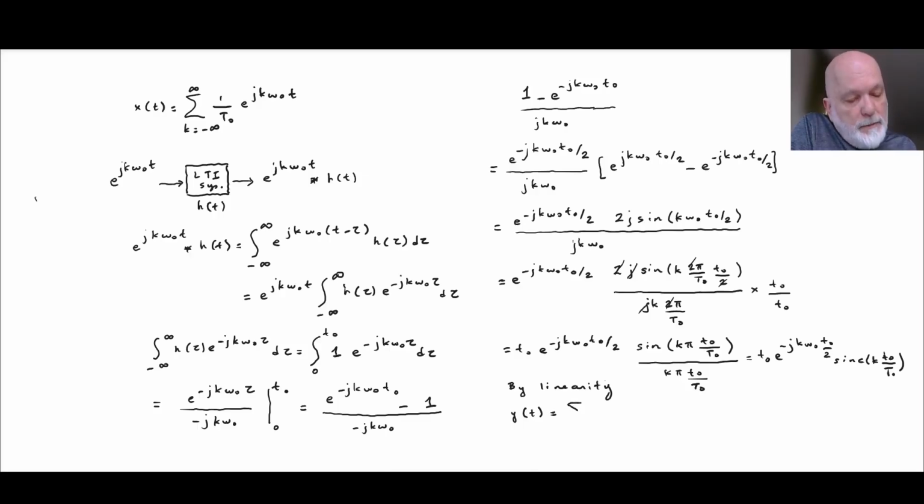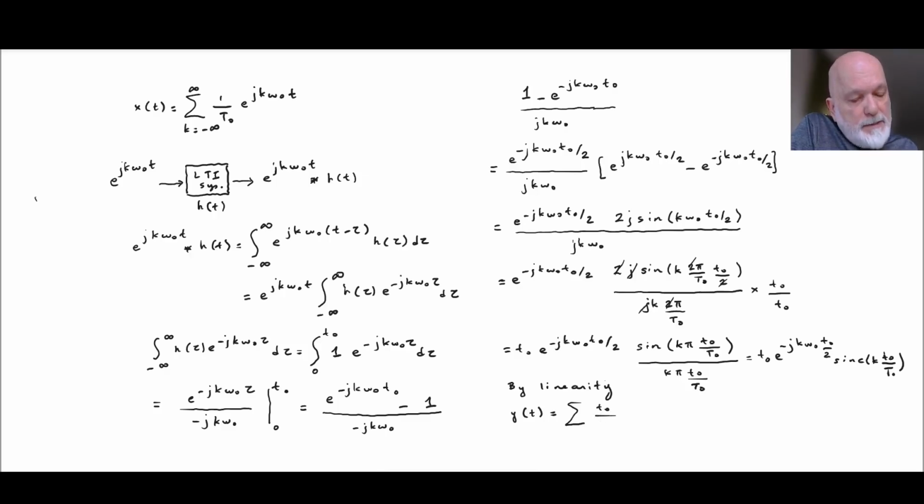So y of t will be equal to, now for each individual component in x of t, the multiplier, the Fourier coefficient, is 1 over capital T0. So we also have that term.